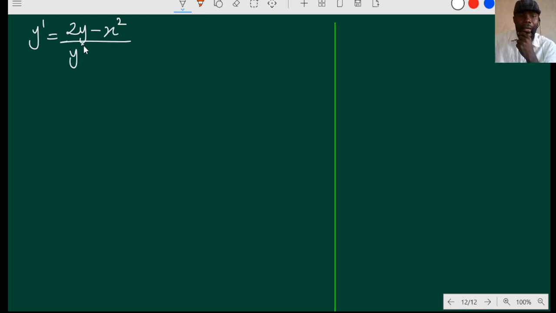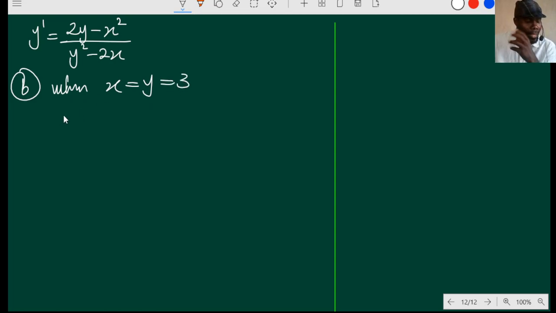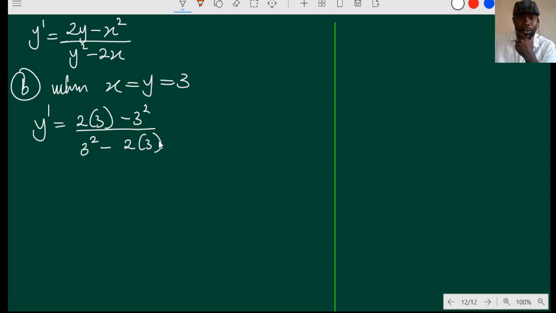Now the b part says that when x is equal to 3 and y is equal to 3, let's find the slope. So y1 will now give you 2 times 3 minus 3 squared over 3 squared minus 2 times 3. So let's see what it will give us.